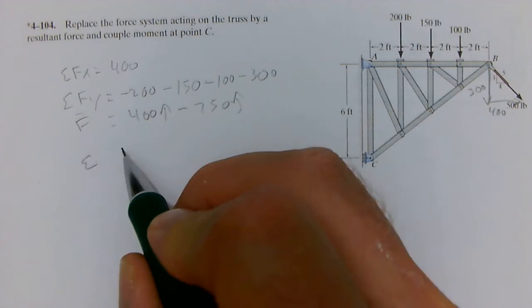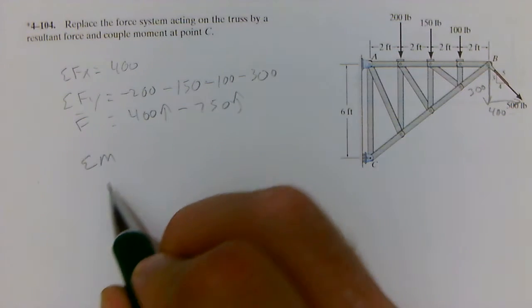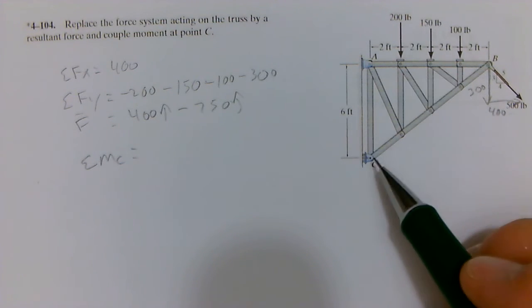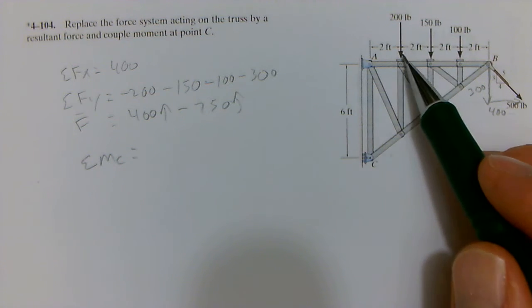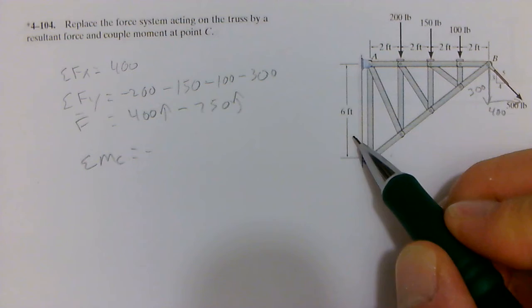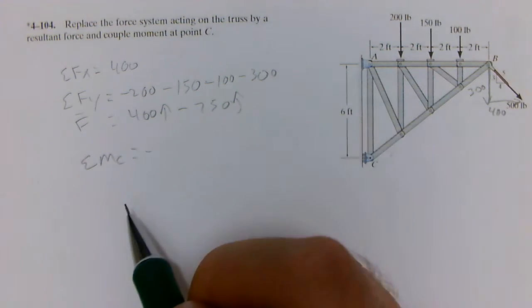Now let's sum the moments about C. 200 times 2, and that is negative because it's rotating clockwise.